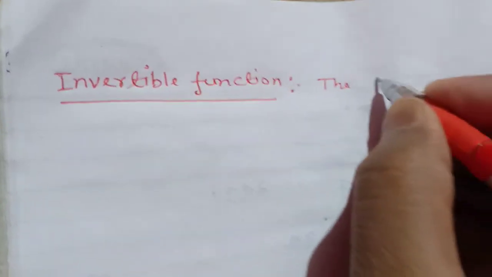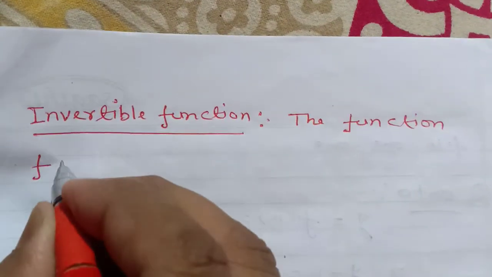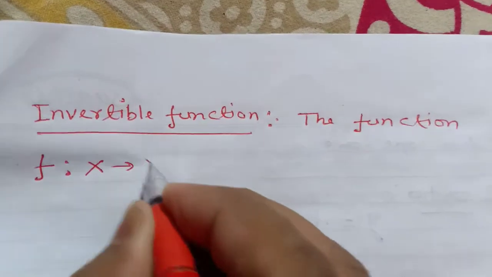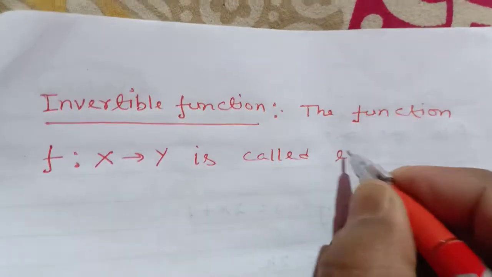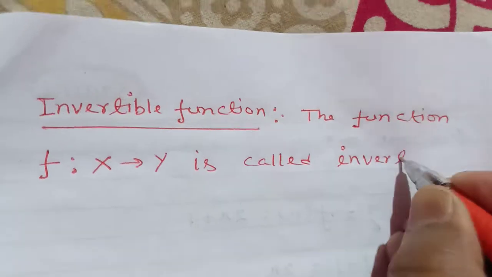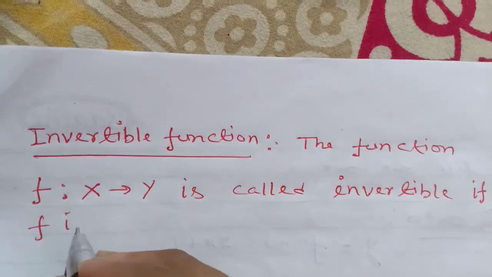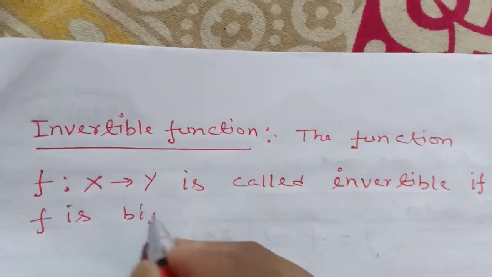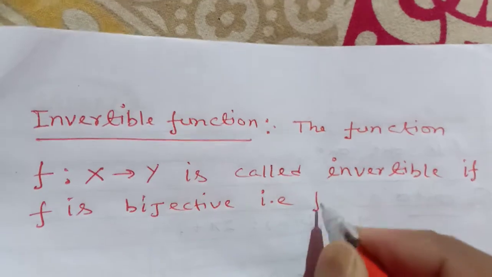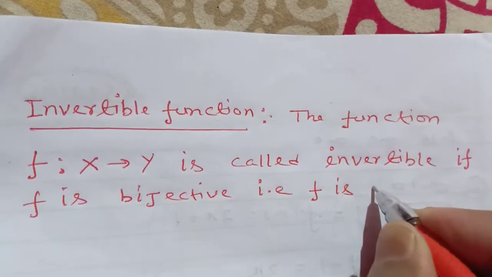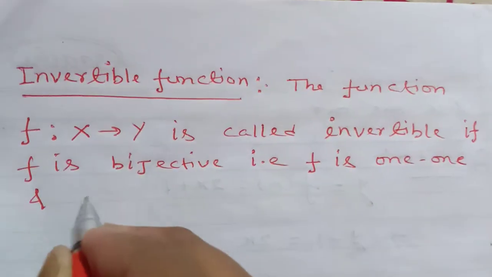The function f from X to Y is called invertible if f is bijective, that is f is one-one and onto.